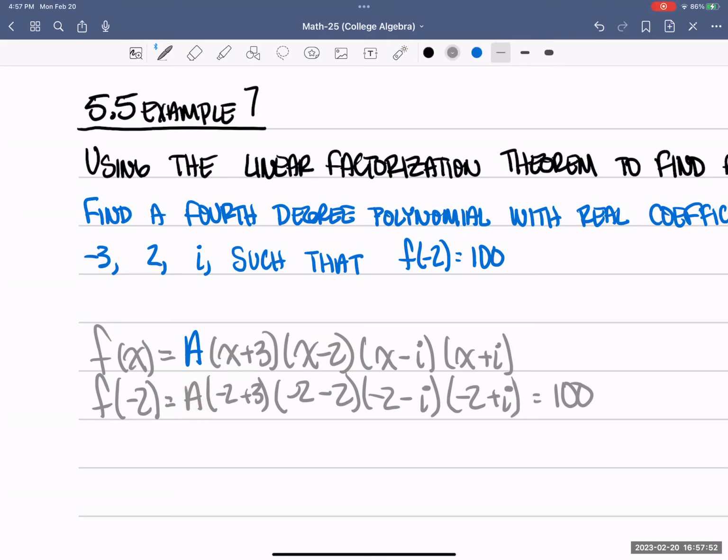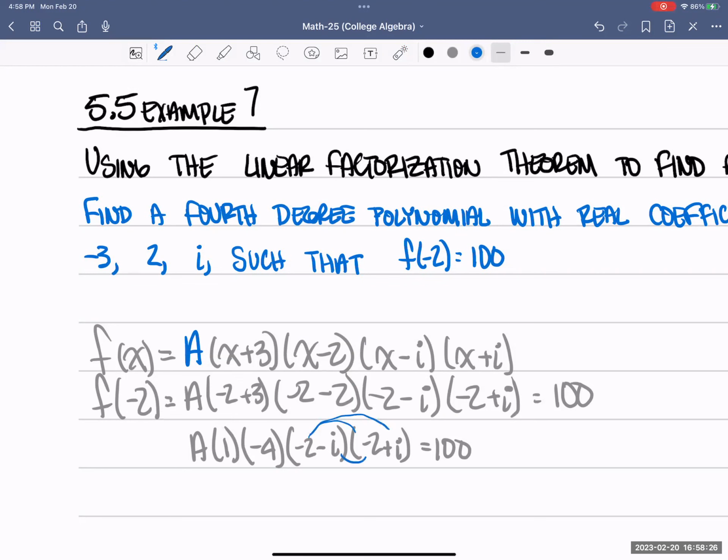Once we're done, we could expand everything and make it look a lot better. But what we have is A, -2 plus 3 is going to be 1. -2 minus 2 is -4. And we have these two parts, -2 minus i, -2 plus i, which should all equal 100. So it looks pretty disgusting right now, but we could expand this.